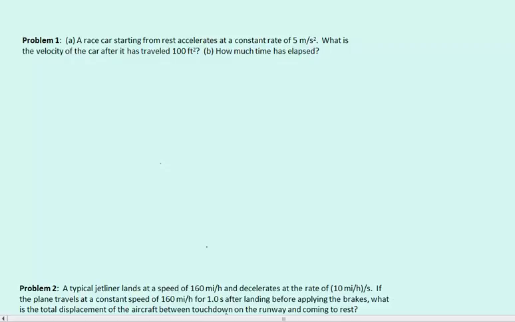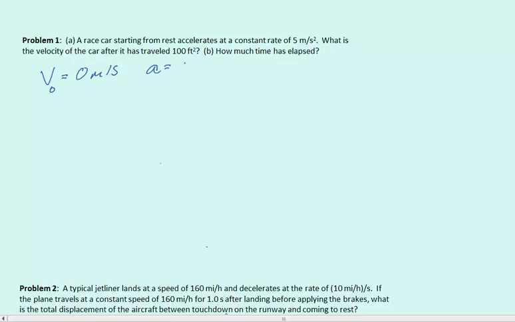First, let's start with summarizing the information we're given. It says that the car starts from rest, so the car's initial velocity is 0 meters per second and it accelerates at a constant rate of 5 meters per second squared.